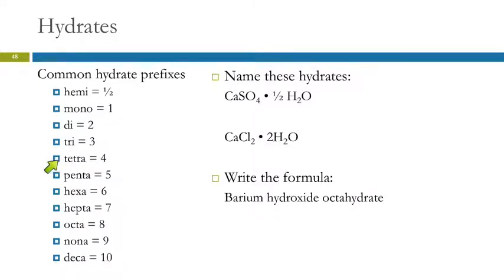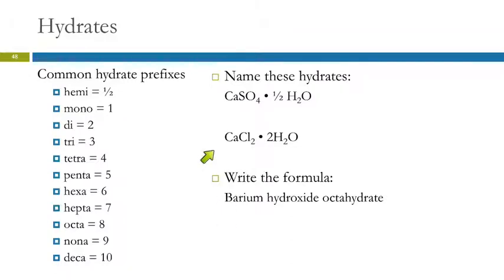Tetra means 4. Penta, hexa, hepta, octa, you should be familiar with those from the gons, right? The hexagon, polygons. So the prefix tells you how many sides they have. An octagon has 8 sides. And then there's this one, hemi. Hemi means half. So a hemisphere, that's half of the globe, right? A hemisphere, it's a half sphere.